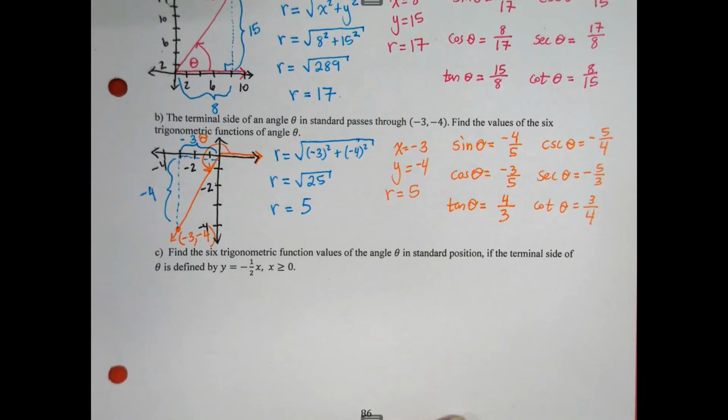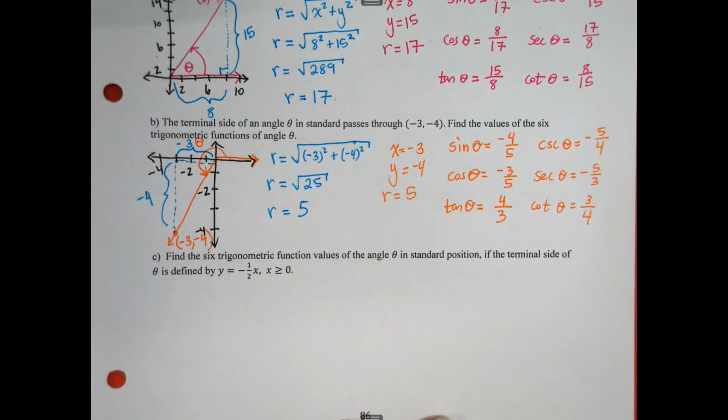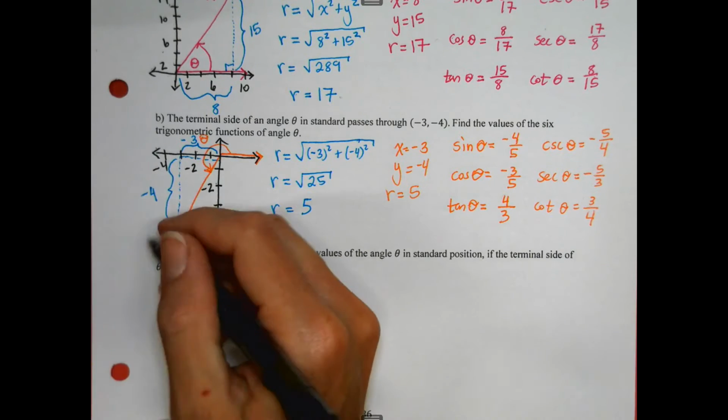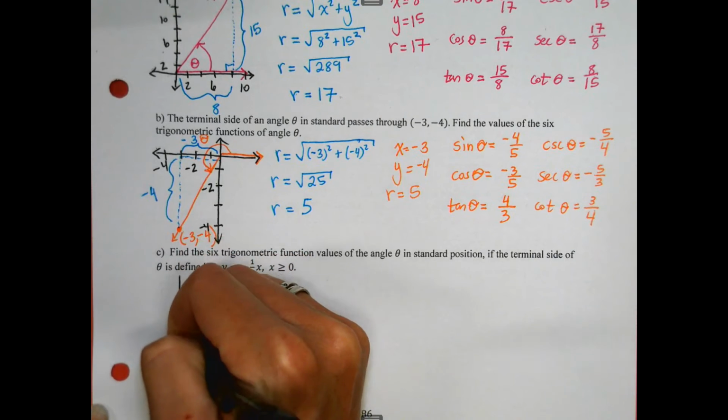Part C, find the 6 trigonometric function values of the angle theta in standard position if the terminal side of theta is defined by y is equal to -1/2 x, where x is greater than 0. Now let's draw our line.